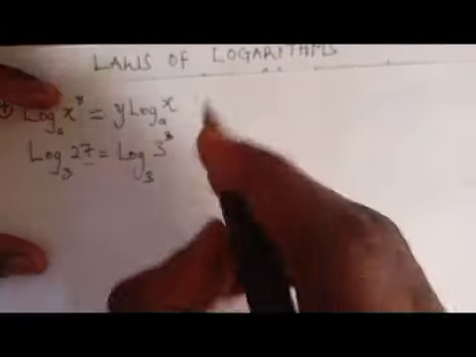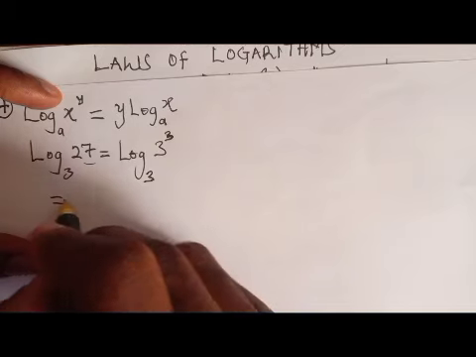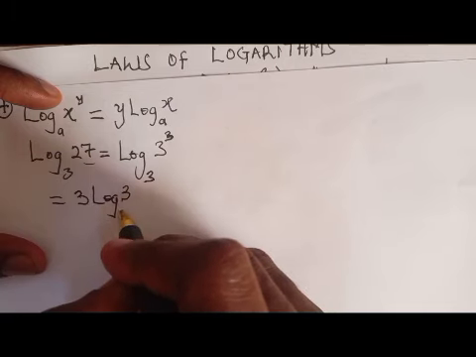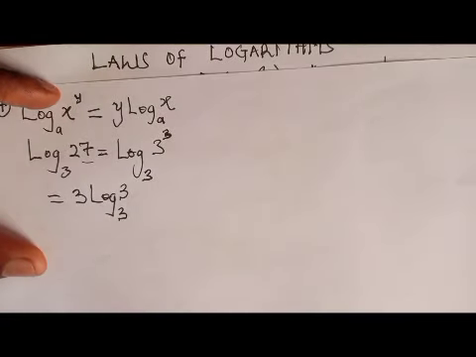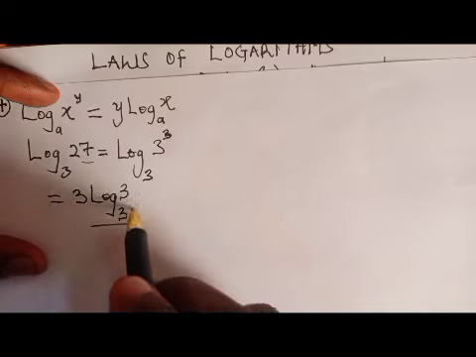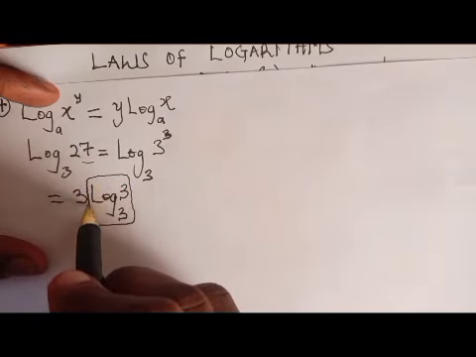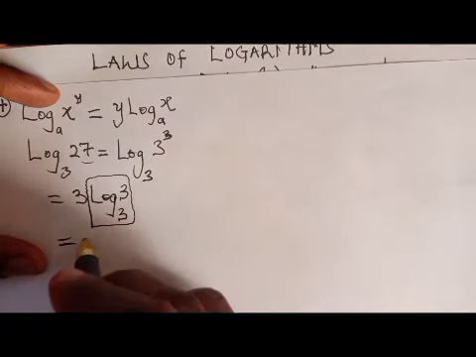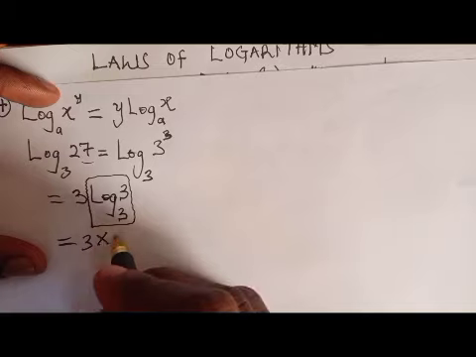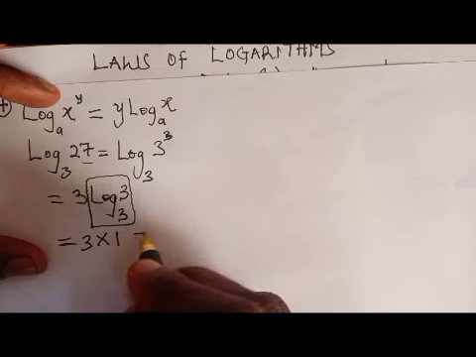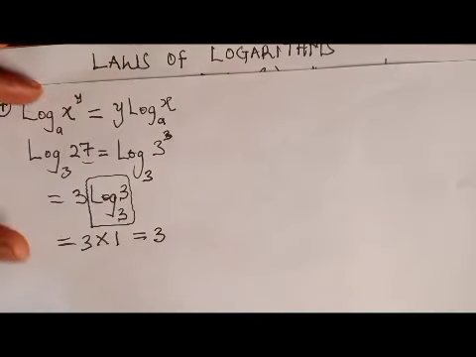This is now going to be equal to 3 log 3 in base 3. And of course, you already remember one of the previous laws we just talked about, that the logarithm of a particular number to the same base gives us 1. Therefore, the answer to this particular problem is 3, because log 3 in base 3 is going to give me 1. Then 3 times 1 is going to give me 3. So I hope this is very clear.